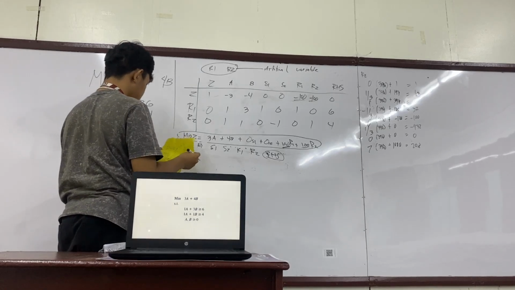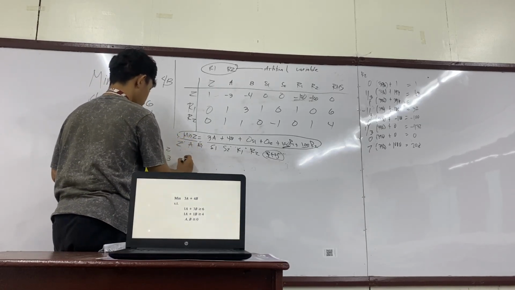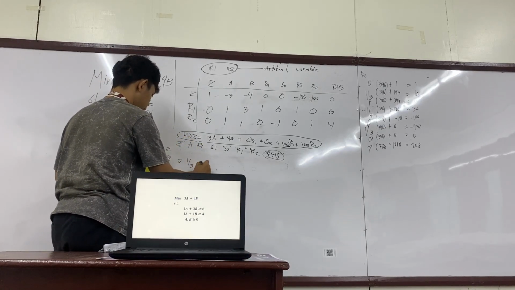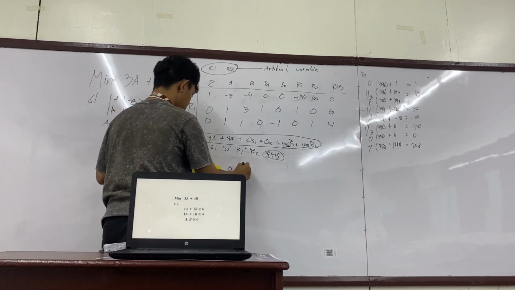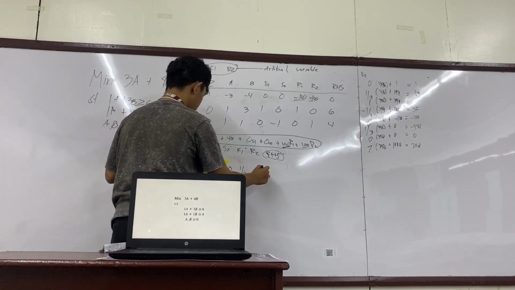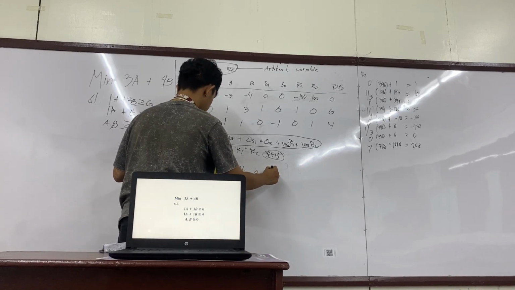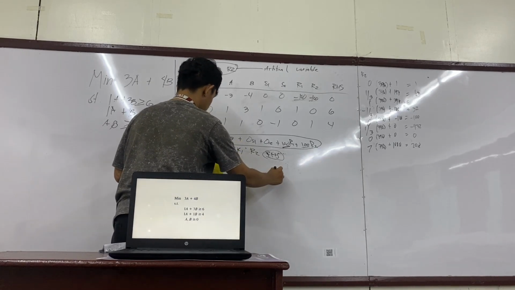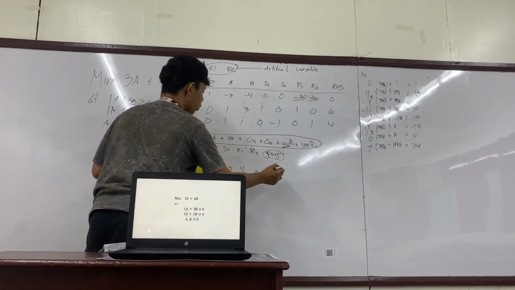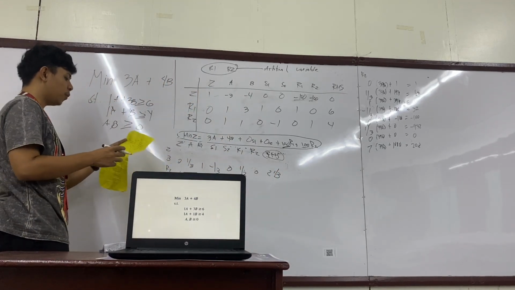So B is equal to 0, 1/3, 1/3, 0, 1/3, 0, and 2 and 1/3. So this is the new table.